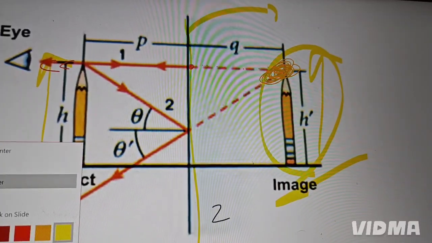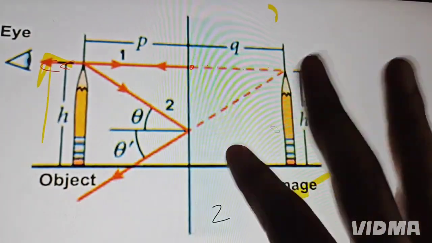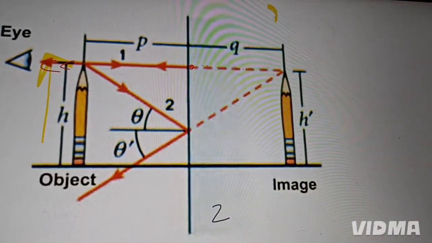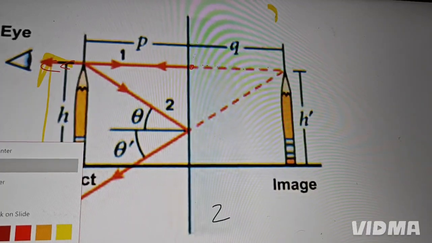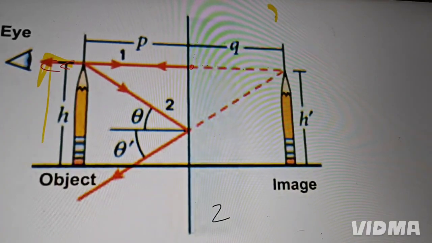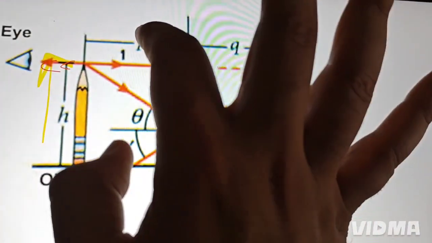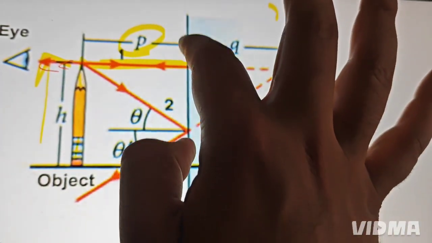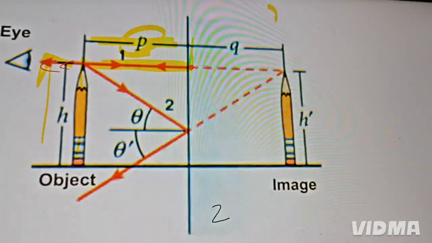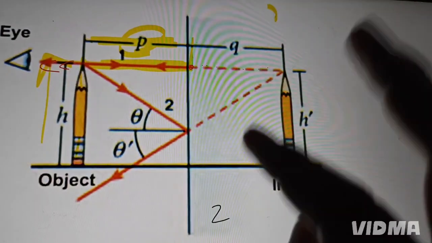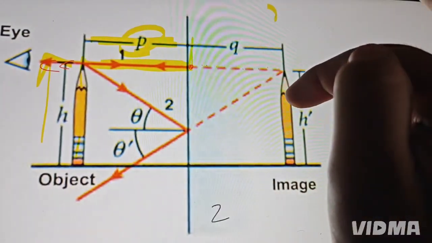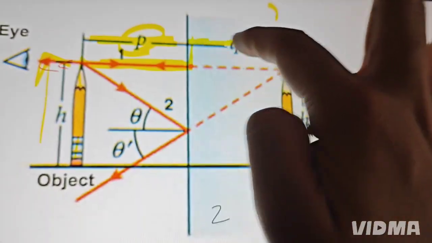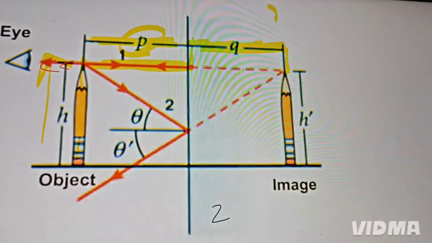I think I'm done, but one thing is left to tell you, some names that we have in this topic. From now on, we have to name it like that. Look, this P is the distance between the object and the mirror surface. And this Q is the distance between the mirror and the image.